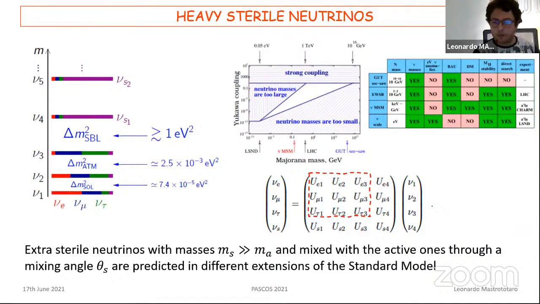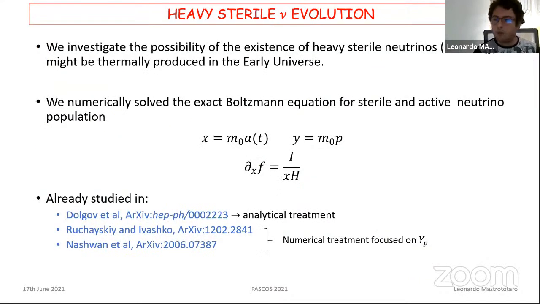Moreover, the other free parameter of the model is the mixing between the sterile neutrinos and the active neutrinos. And in this work, we will take sterile neutrinos that mix with only one active neutrino at a time. So we have only two free parameters, the mass of the sterile neutrinos and the mixing with the chosen active neutrino.